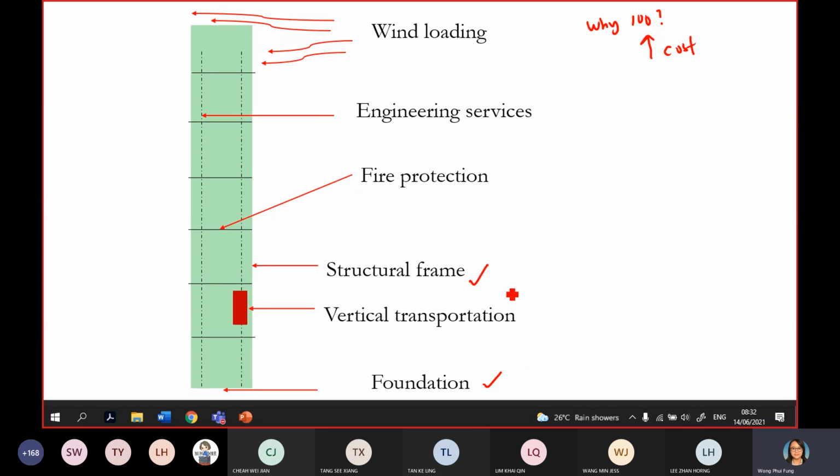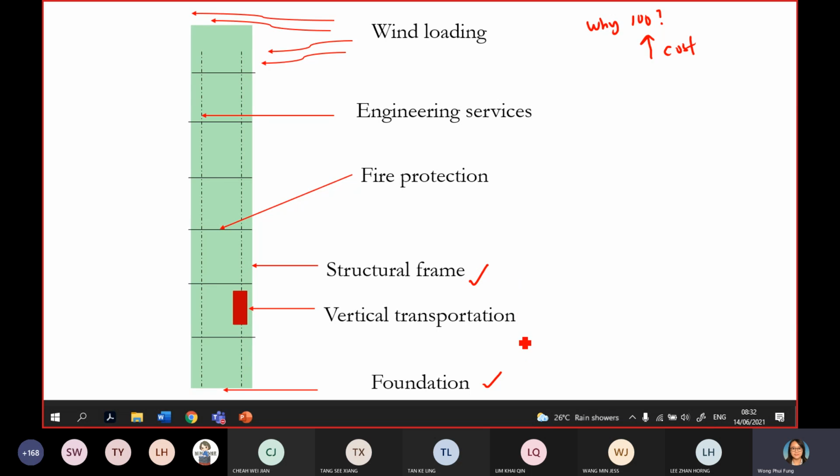Similarly, your structural frame, your beam, your column, your slab also need a special design to withstand the tall building and support the load. So as compared to a normal building, the frame will have an additional cost. We need to allocate more cost to the frame and also the foundation.